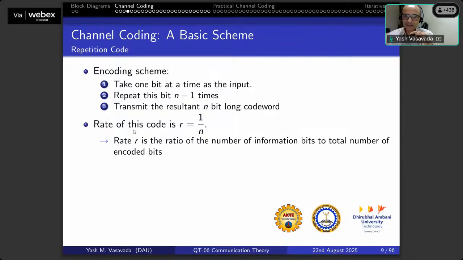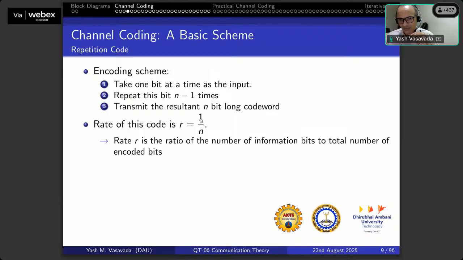Okay? You actually have only one bit to transmit, so this is the numerator of this ratio R. The denominator is how many times you are actually transmitting that bit. So you have only one information bit and you are transmitting effectively n encoded bits.